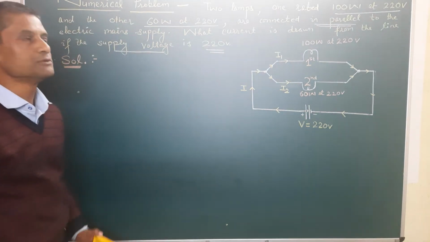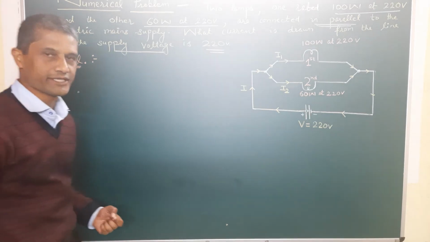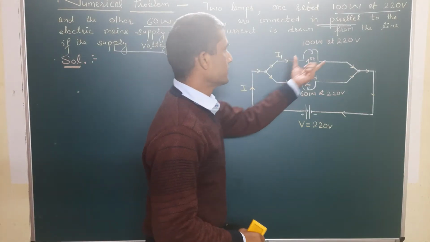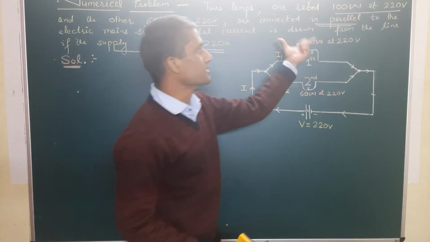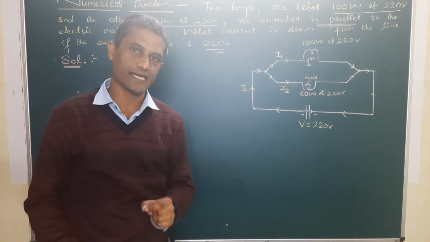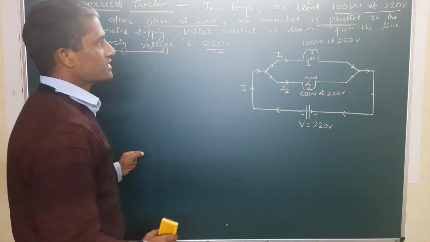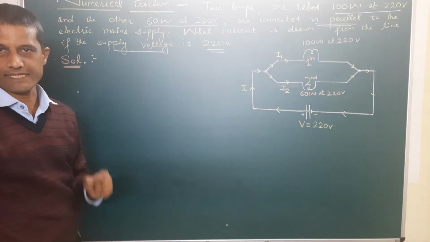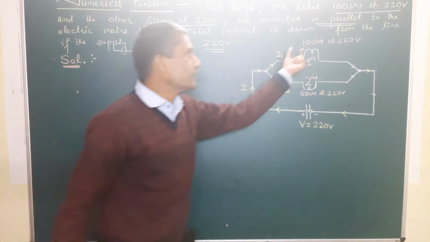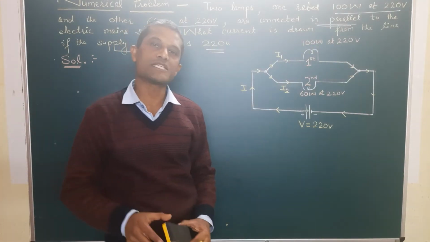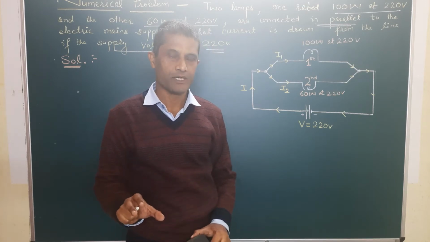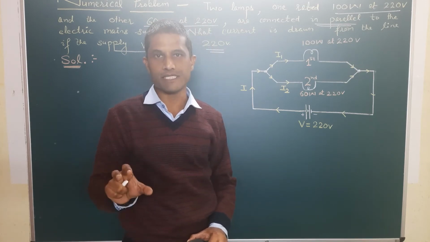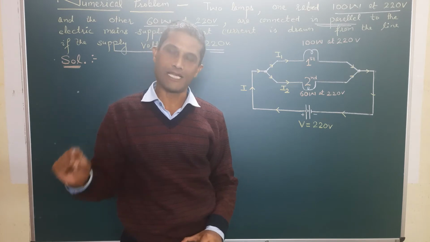Firstly, we need to understand a few things. This is the power rating for a given electric bulb, 100 watt at 220 volt. The power rating tells us the rate of consumption of energy at a definite value of potential difference.